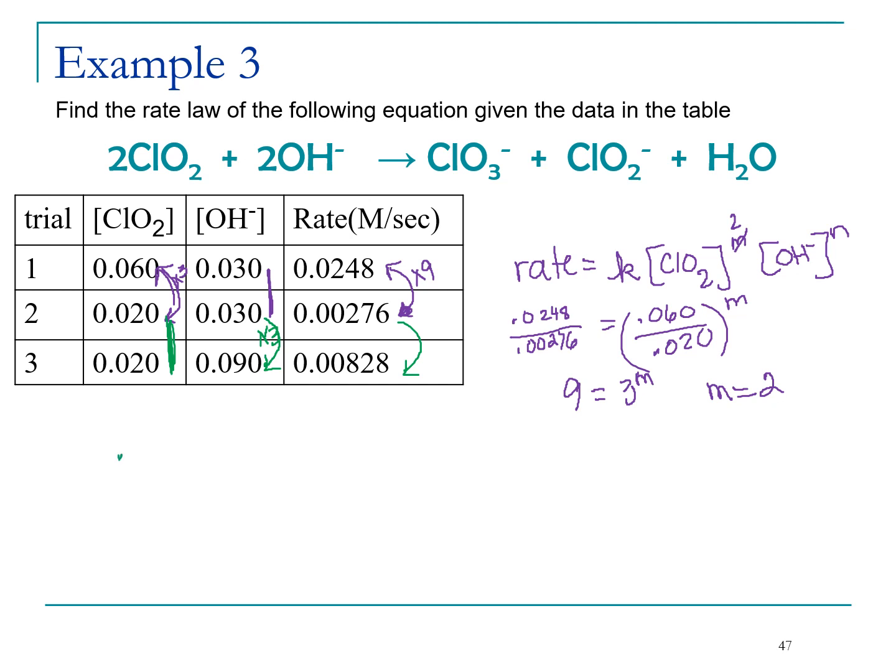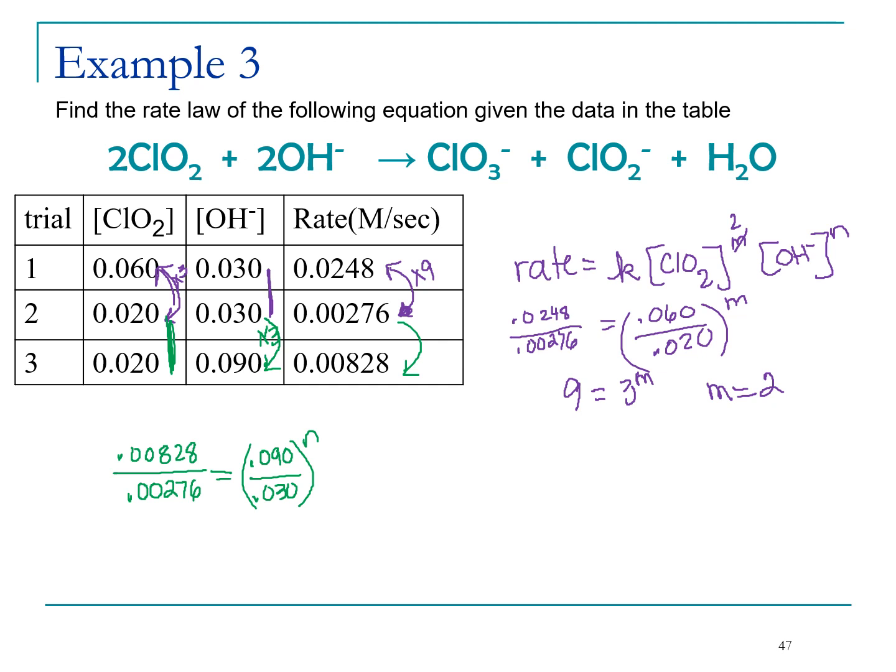So we'll take the rate, 0.00828, divided by 0.00276, equals 0.090 divided by 0.030 raised to the n.